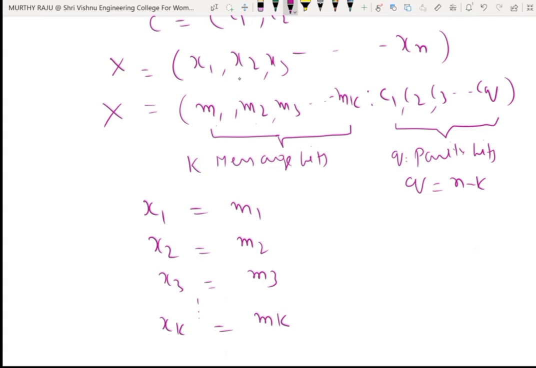The first k bits, x1, x2, x3 up to xk, are the message bits m1, m2, m3 up to mk.